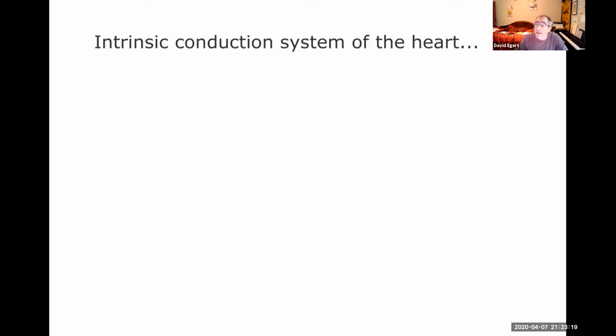Because the heart has its own cells within it that are coordinating and stimulating the cardiac muscle cells to do the heartbeat. We know that the autonomic nervous system has some control, but all it does is speed it up or slow it down. It doesn't actually generate the basic rhythm. So what we're going to talk about now is the parts of the heart that generate the actual heartbeat.